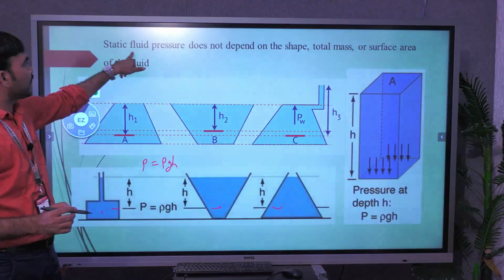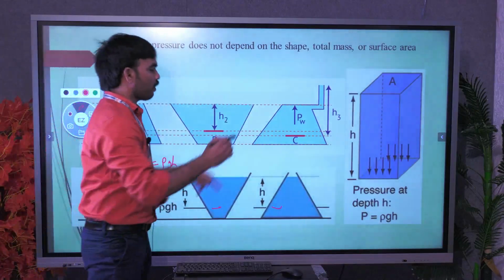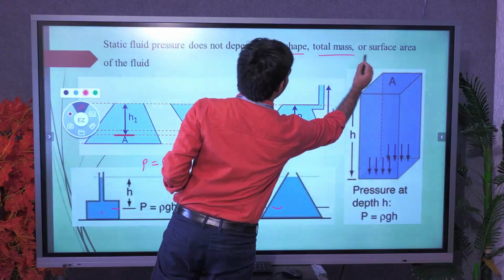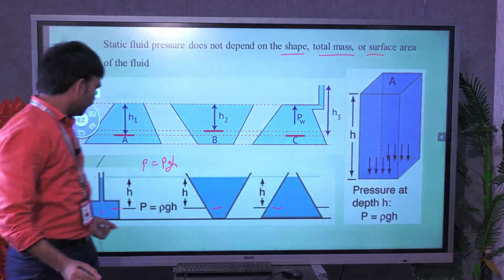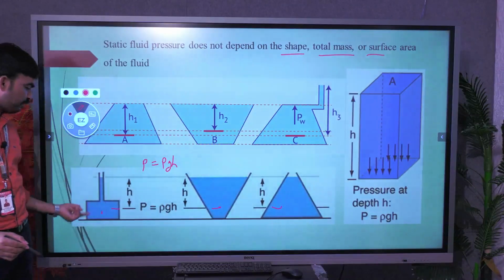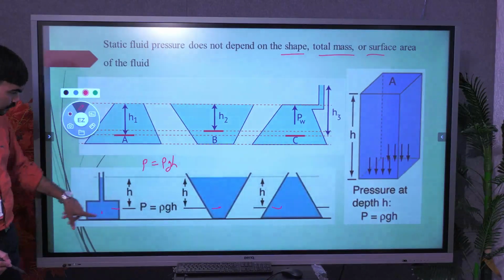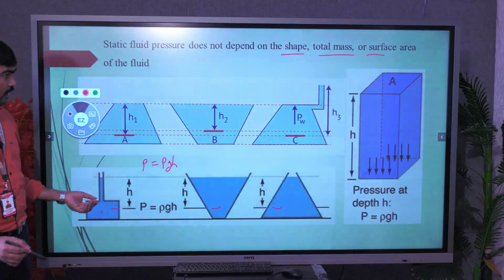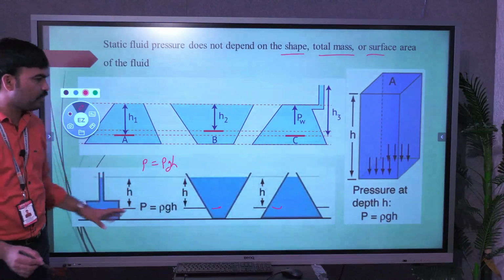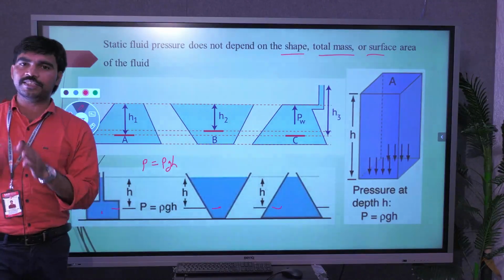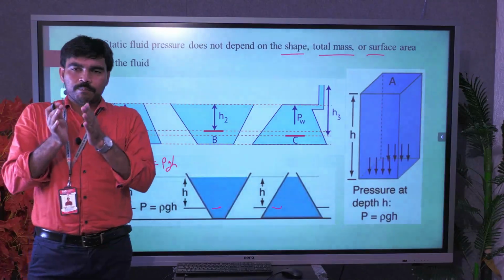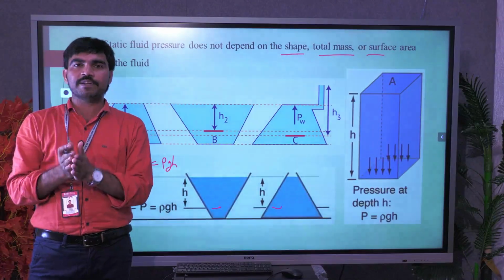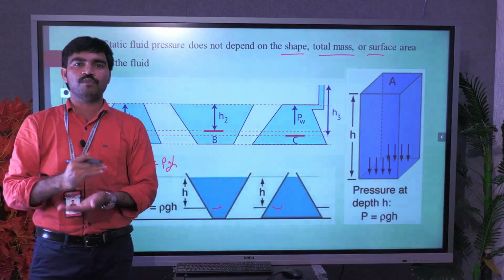So that means static fluid pressure does not depend upon the shape, total mass or surface area. Here if you measure, the surface areas are different, the shapes are different, and the mass of each liquid will be different, but still you will get the same pressure. That means the pressure intensity depends only on the height of the fluid column.